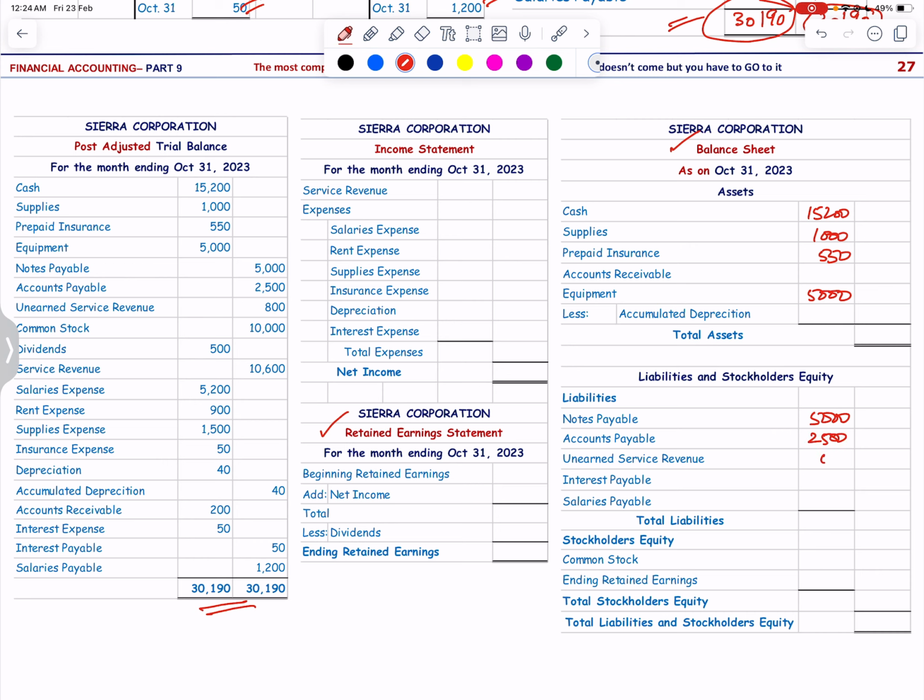Unearned service revenue is a liability 800. Common stock is 10,000. Dividend is 500. This will be in the retained earning. And then we have service revenue 10,600.